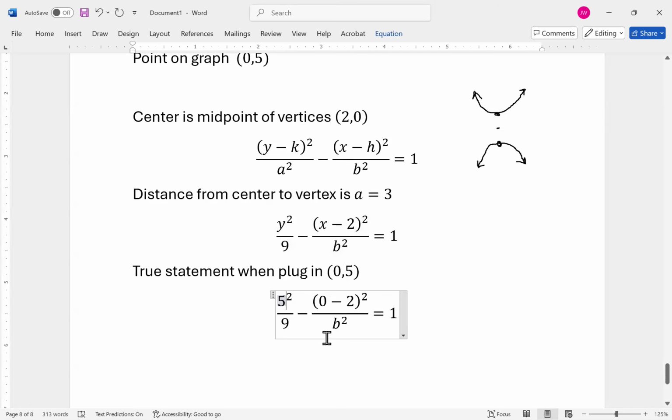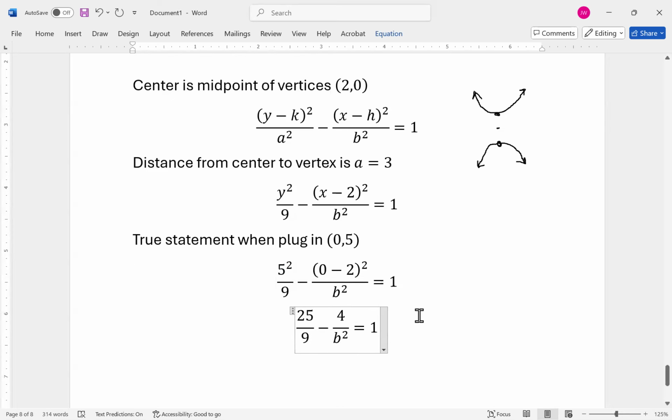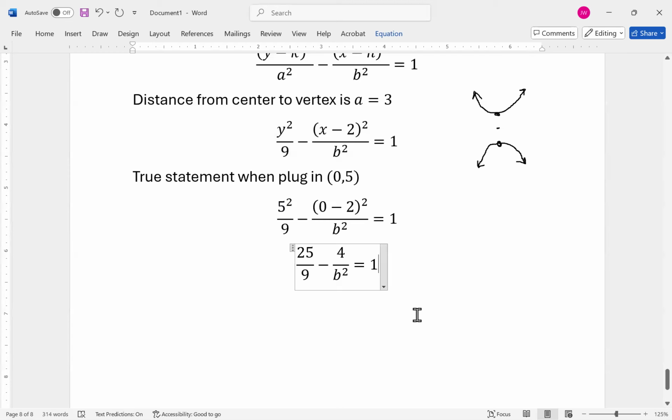then this equation only has one variable, and I can solve for that. So I can solve this equation for b, or at least b squared. I think what I'll do here is subtract 25 over 9 from both sides.